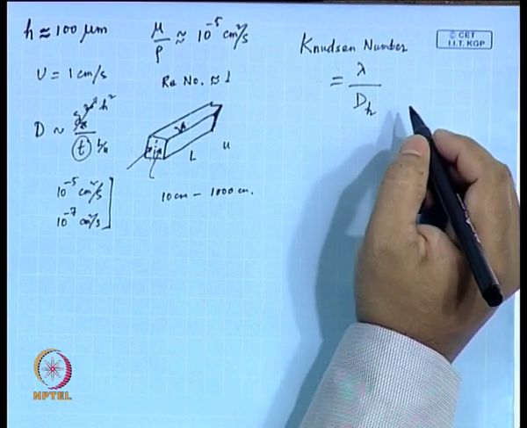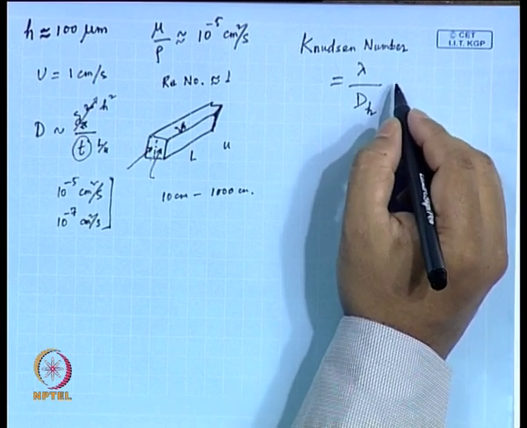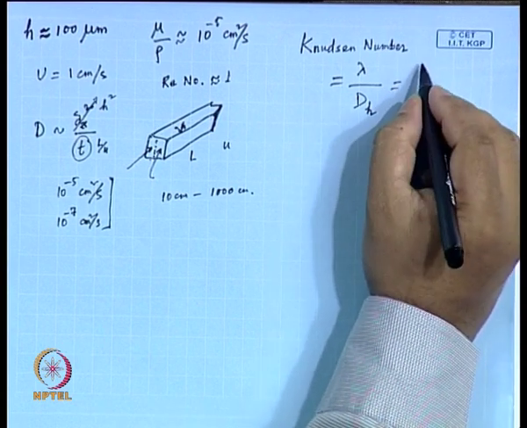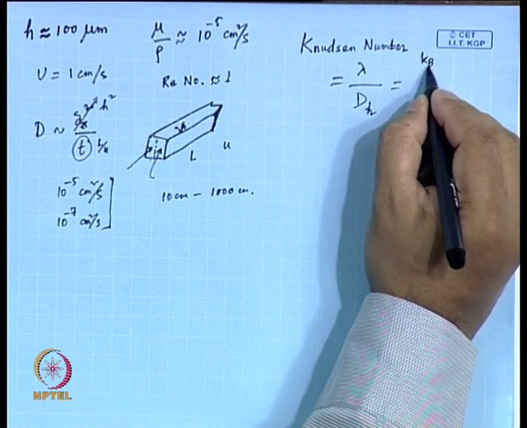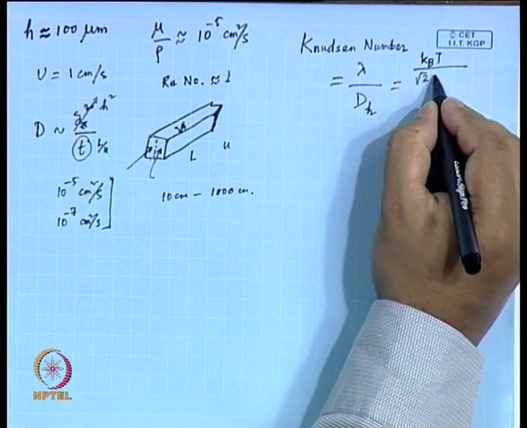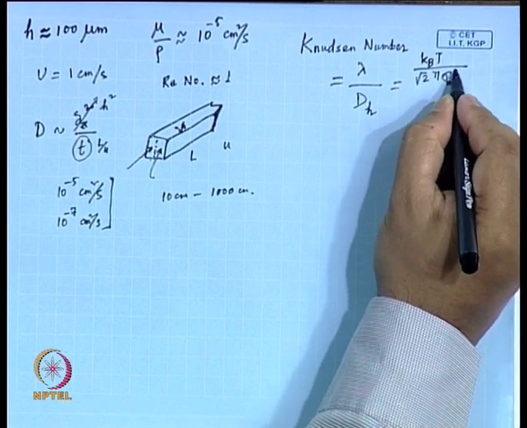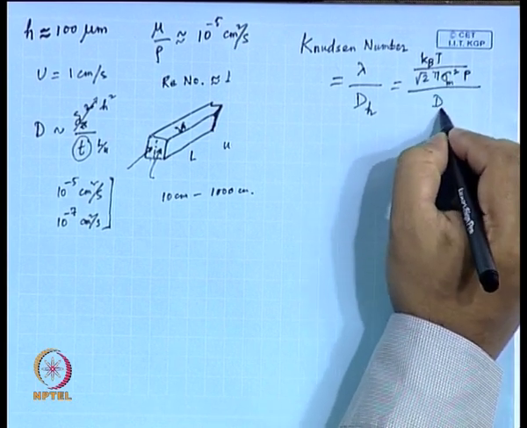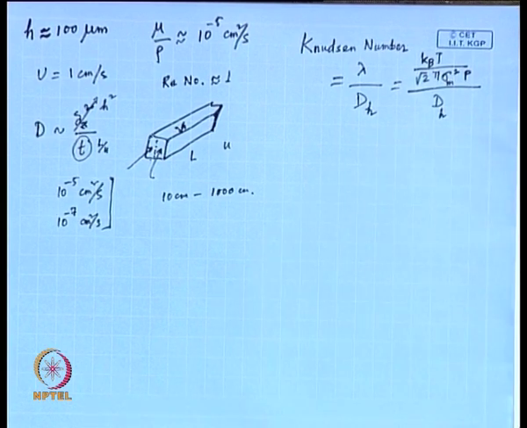Lambda is the mean free path of the molecule, which can be written as kBT divided by square root of 2 pi sigma m square p, and this whole thing divided by dH. dH is the hydraulic diameter you can say, or some characteristic dimension of the channel. So, one is the mean free path and the other is the hydraulic diameter.